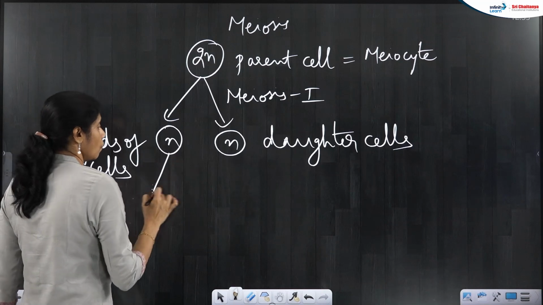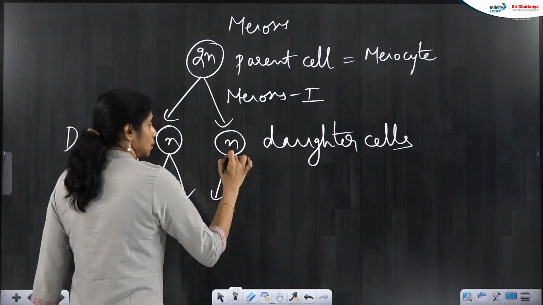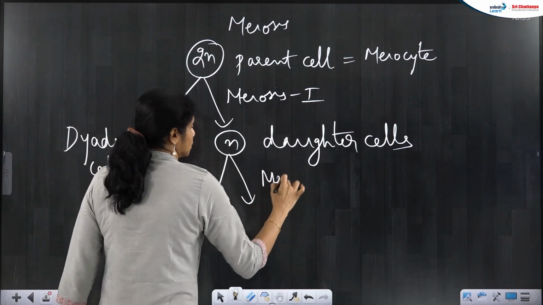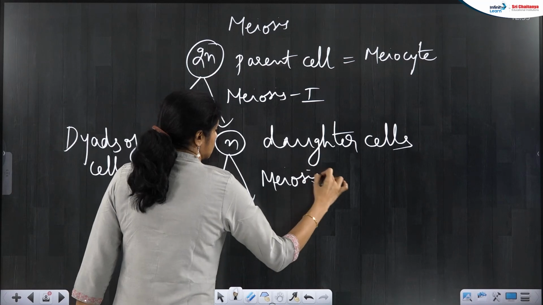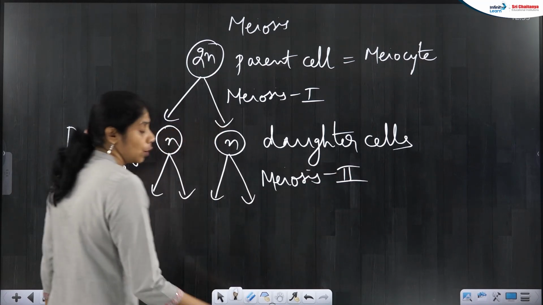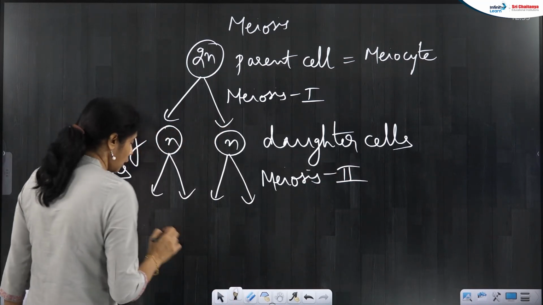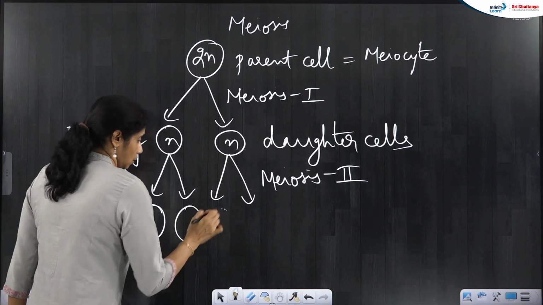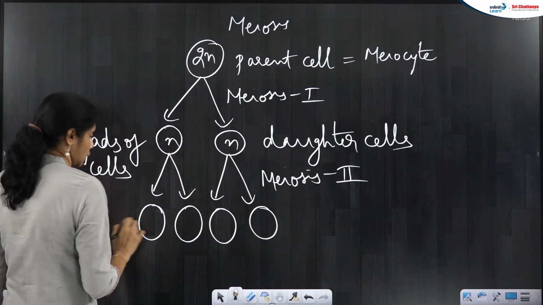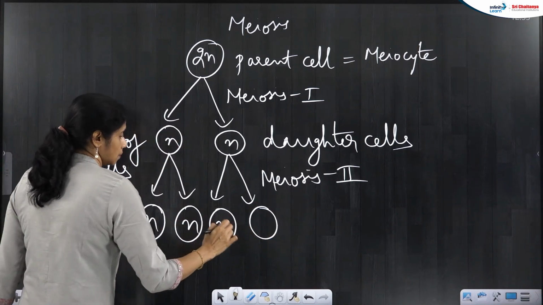Then these two daughter cells will enter into meiosis 2, and they result in the formation of 4 daughter cells which are haploid.